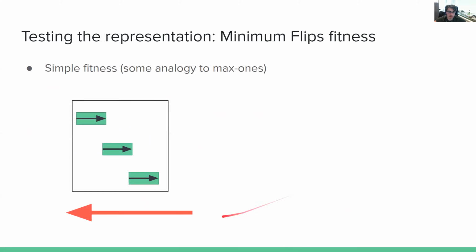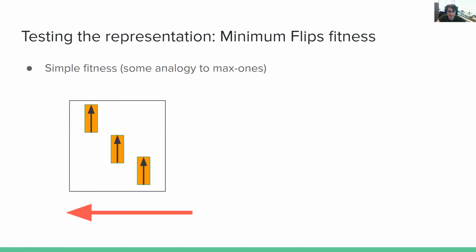But if we applied a strong field to the left, we would expect these magnets to flip like this and change their direction. So our task is then for the evolutionary algorithm: can it come up with a geometry or an arrangement of these magnets such that they don't flip, or such that as few as possible flip? And that actually turns out to be quite an easy task. If we just position the magnets like this, orthogonal to the field, then they don't flip, at least for this shape of magnet. They're not affected by this field.